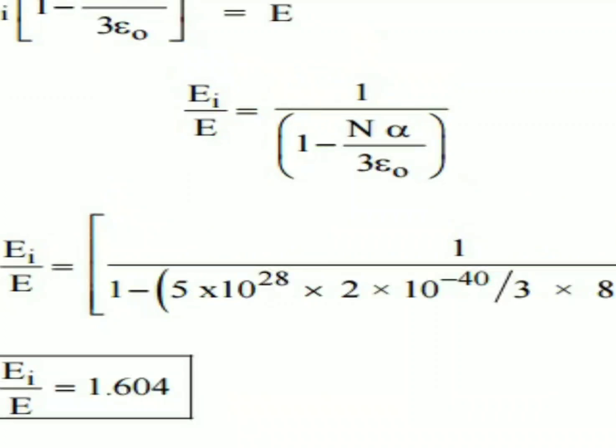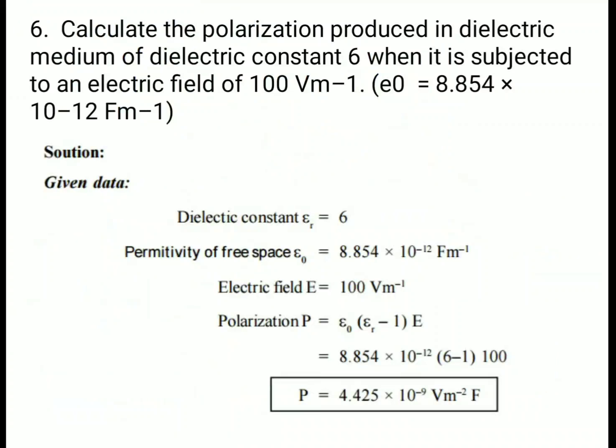Now the next problem is: calculate the polarization produced in a dielectric medium of dielectric constant 6 when it is subjected to an electric field of 100 volt per meter. Here the epsilon naught value is 8.854 × 10^-12 farad per meter.